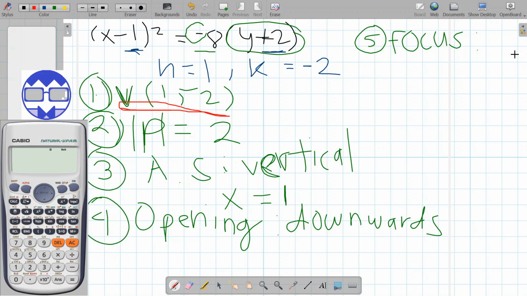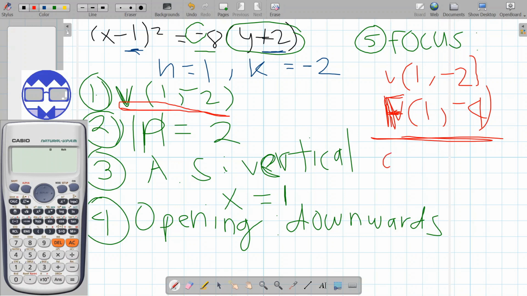So we have V of 1, negative 2. And where do we subtract our p? We're going to subtract our p in the vertical value, which is negative 2. So negative 2 minus 2, yes, it's negative 4. So this will give us F (1, negative 4). So we have now our focus.